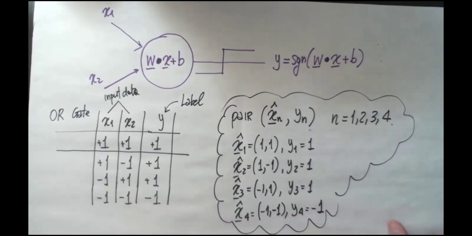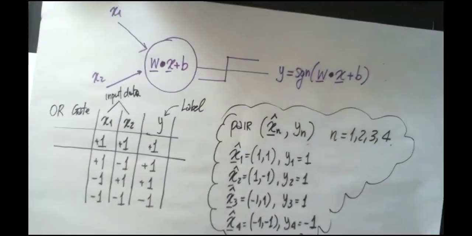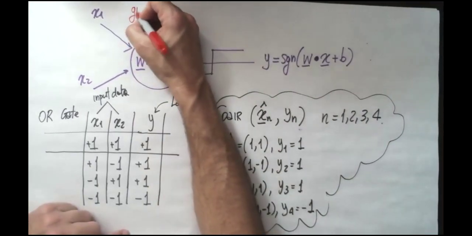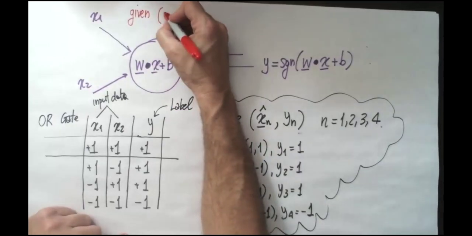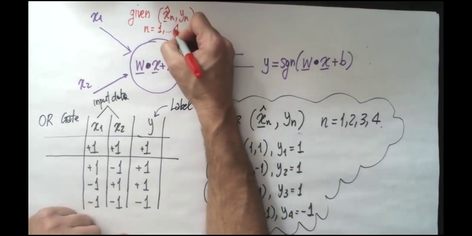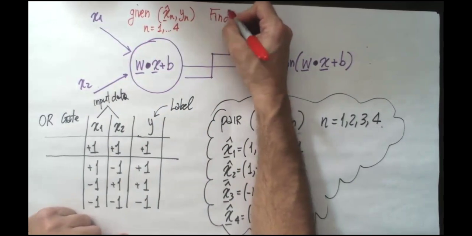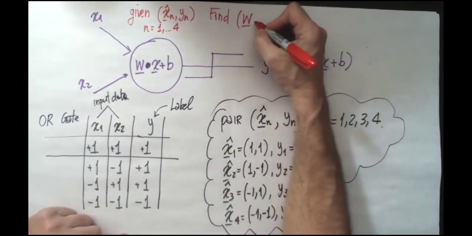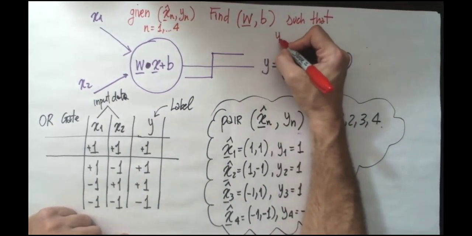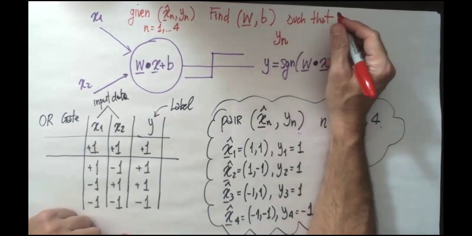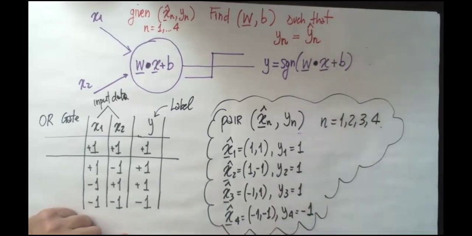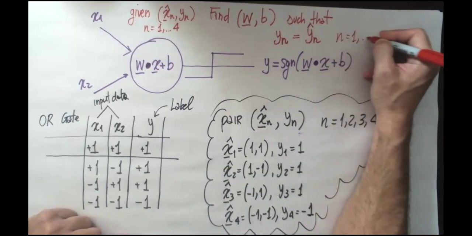Okay, and so our goal is, given this data set, given the data and its associated labels for n equal 1 to 4, to find the perceptron parameters w and b such that the output of the perceptron is equal to the labels in the data for all the available data points.